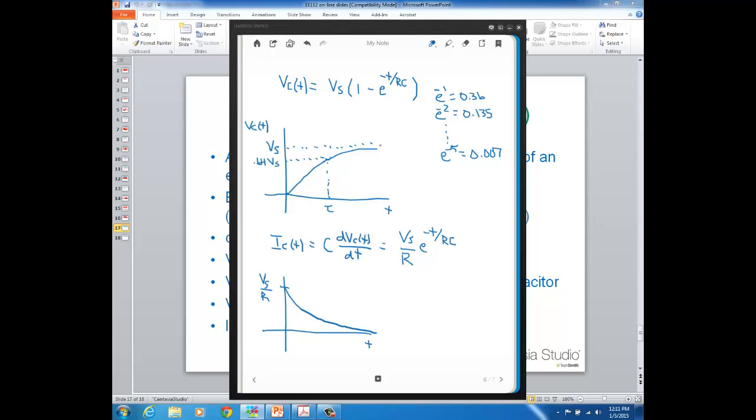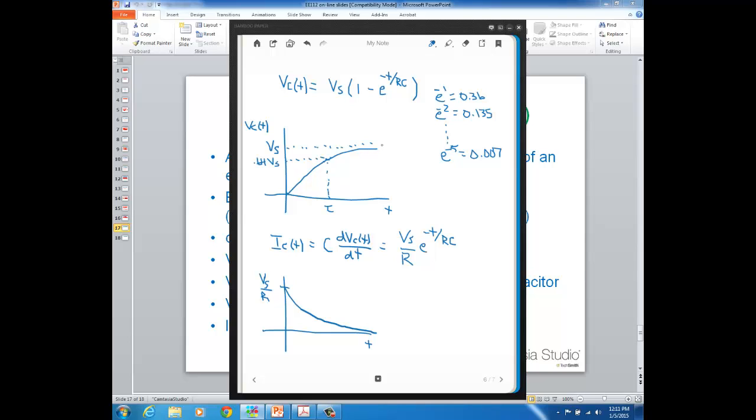You're 99.3% there. This is important to realize, because in practice we'll say that a capacitor will reach its final voltage at 5 time constants.